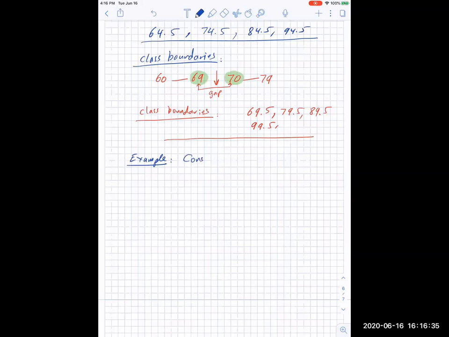Construct a frequency distribution for the following data set, or for the following sample data.